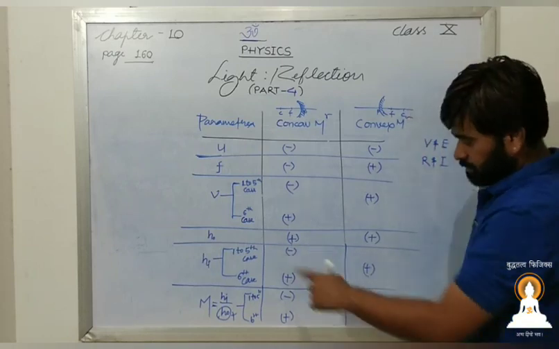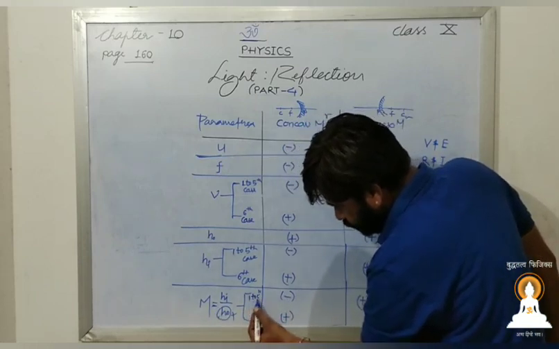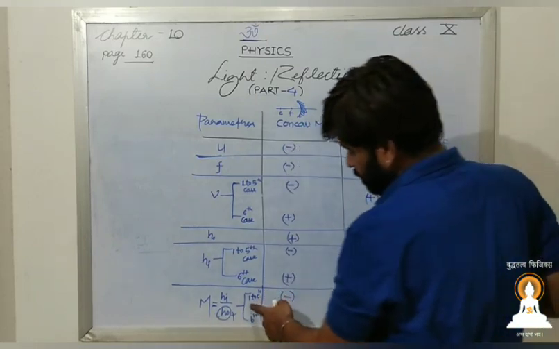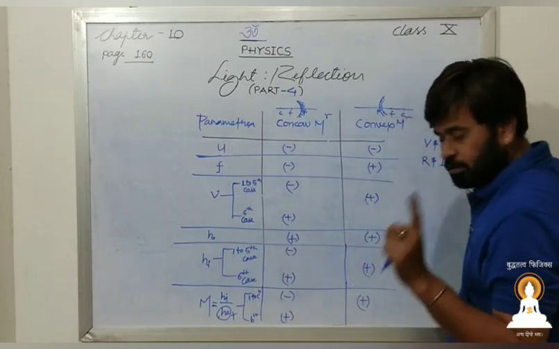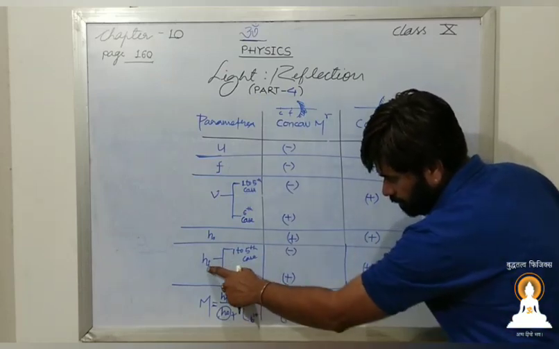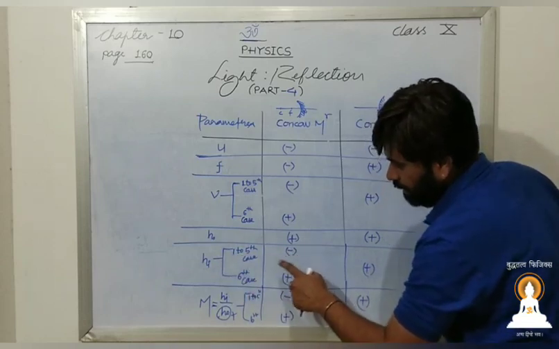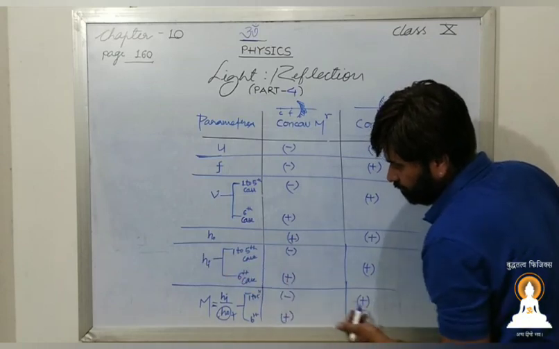Remember, observe that magnification is negative for first to fifth, and we have seen in first to fifth the image was real and inverted, because they were in front of the mirror.